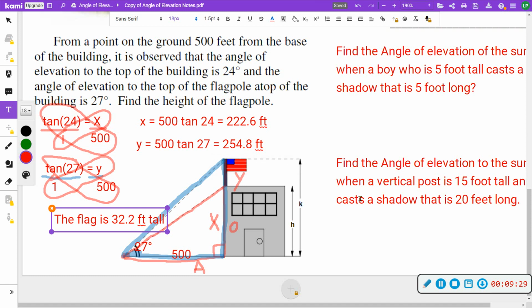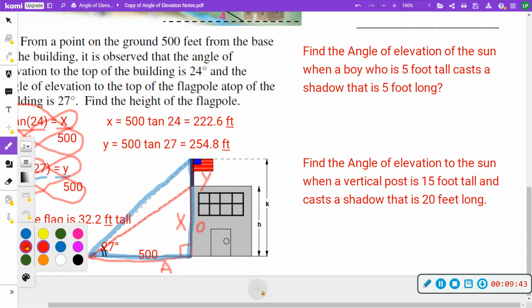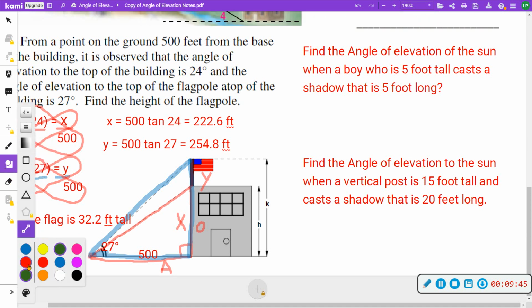All right. Now let's go look at these. Here they want you to find the angle of elevation of the sun. And so you have a boy who is 5 foot tall who casts a shadow that's 5 foot long. And I'm not very good at drawing, so let's say you had a boy. There's the boy.